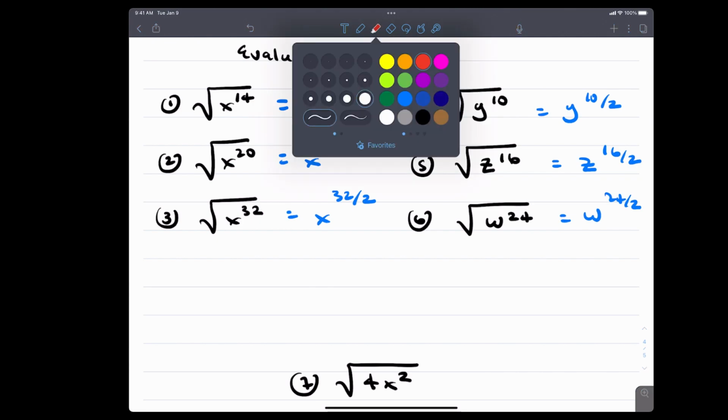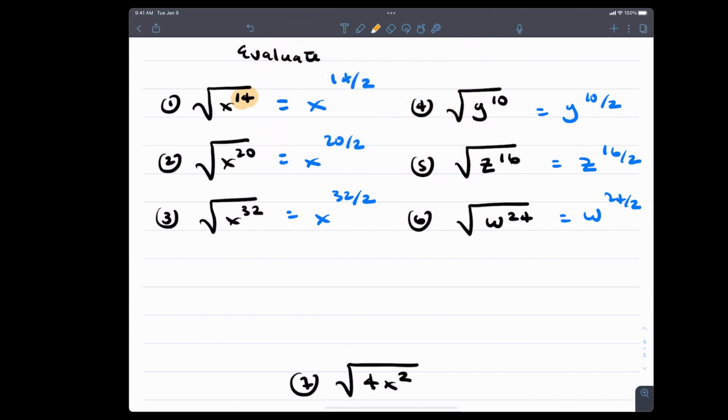What do you guys know here about 14, 20, and 32? They're even, is that right? So if you take 14, 20, and 32 and you divide by 2, you get the answer. You just have to know how to do some what? Some arithmetic. You guys see what I mean? You could do algebra if you know arithmetic. So what is 14 divided by 2?